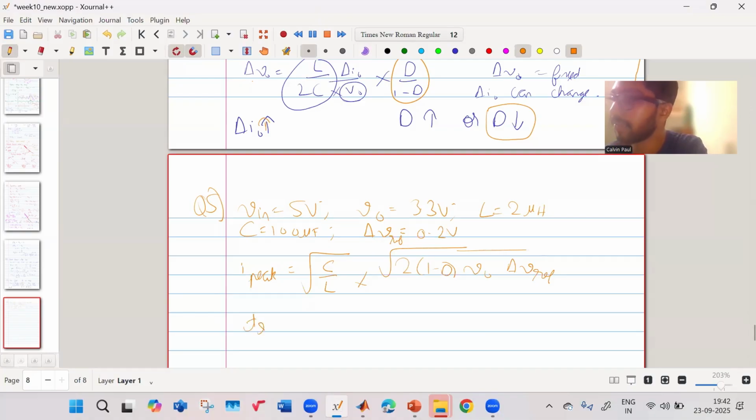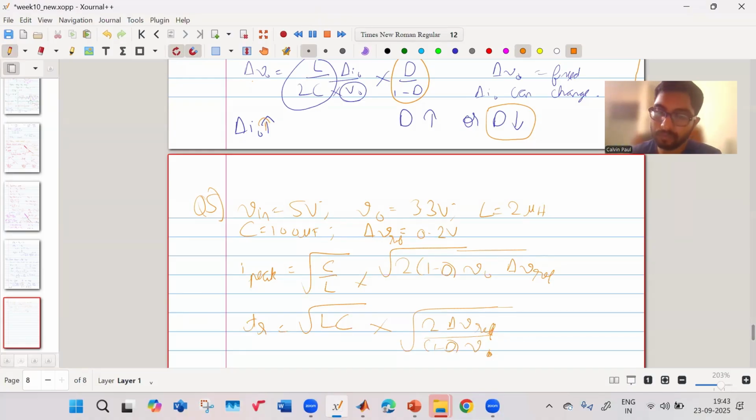And your recovery time is going to be square root of LC into square root of 2 delta V ref upon (1 minus D) into V0. So can you find these values by substitution?